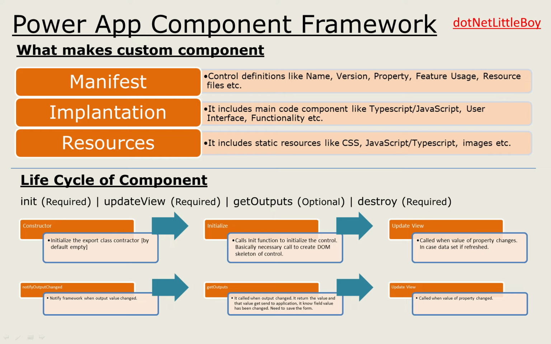So those development and functionality we write into the main implementation file. Then we have the resources. We can have external resources, and we link those to the manifest. External resources like CSS, JavaScript, or images can be included in your project.